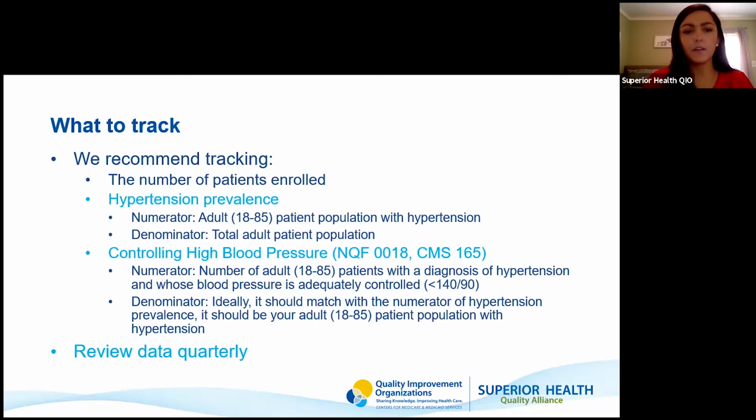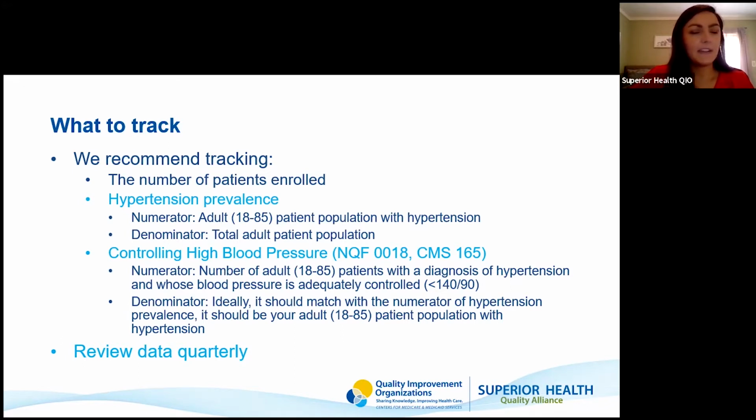The denominator for the controlling high blood pressure measure would ideally match the numerator of hypertension prevalence, because it should be your adult or 18 to 85-year-old patient population with hypertension. So your total hypertensive population would be the denominator, and your numerator would be those that are considered controlled.